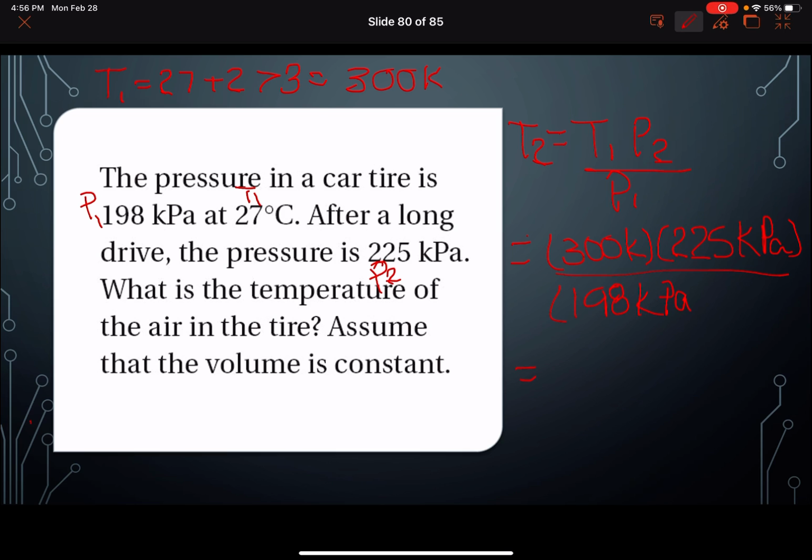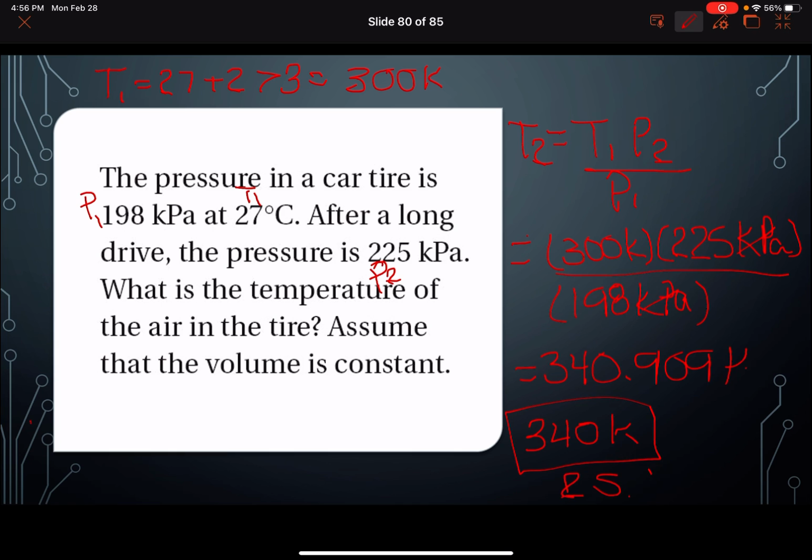We do the math. Kilopascals cancel out, and we have 340.909 Kelvin. We have 2 significant figures, so we're going to make this 340 Kelvin.